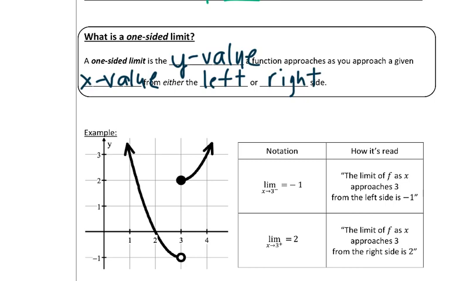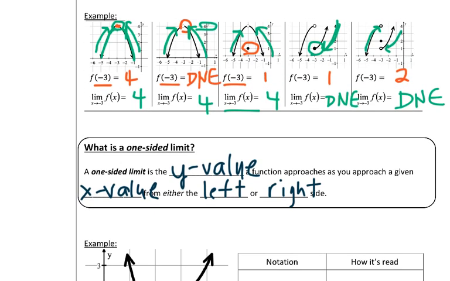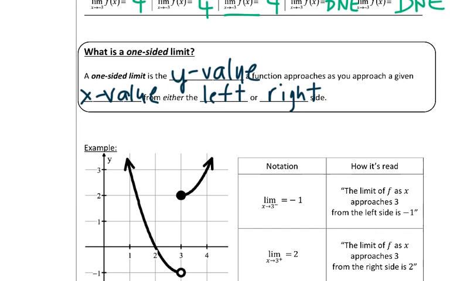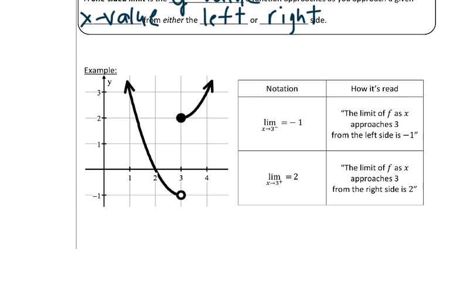Okay, so notice when I was doing these examples up here, I kept saying what's happening from the left and what's happening from the right. We're going to be doing the same thing here, but we're going to talk about notation a little bit first. All right, so if I'm looking at this graph here, and this first example, it says the limit as x approaches 3, and then you see this little negative sign there.